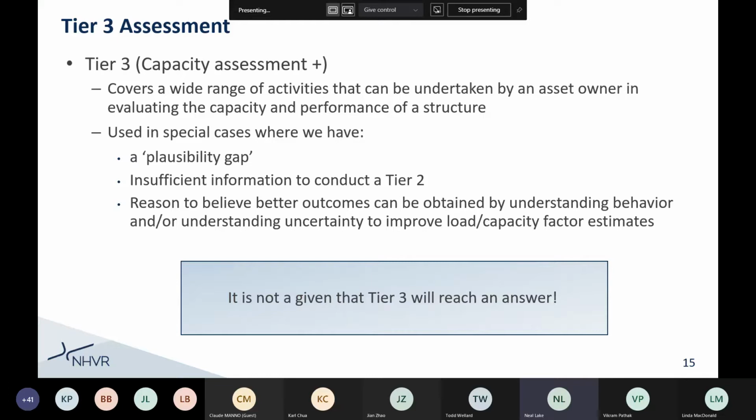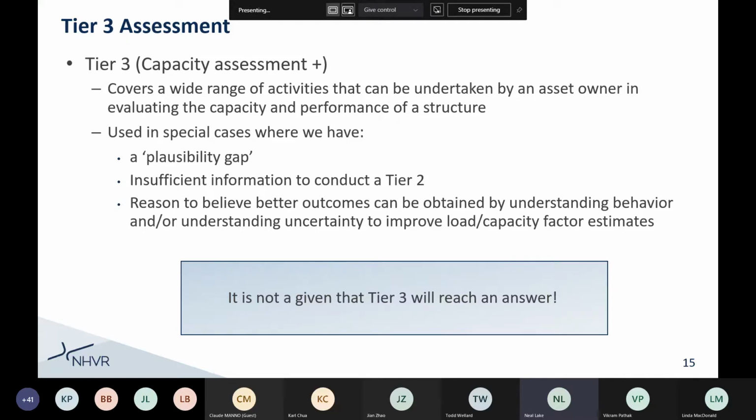There doesn't look like there's been any issues with it. When that happens, what we generally are identifying is something called a plausibility gap. By that, it means that the theoretical assessment perhaps is not reflecting what's happening in reality. And there are instances where tier 3 assessment can be used to address that plausibility gap.